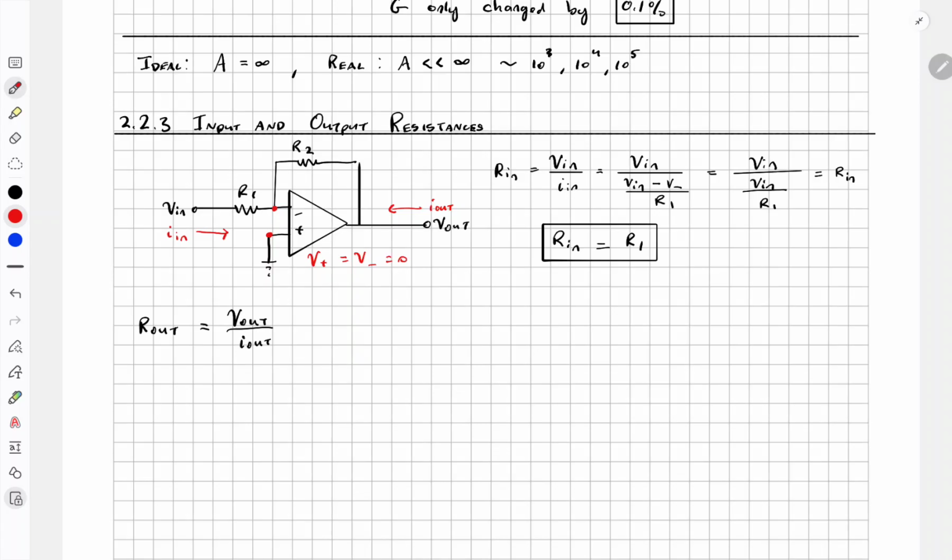I'm going to call this node V minus and this one V plus, and we know that through the virtual short both V minus and V plus are the same voltage, 0 volts. Also, when you treat the op-amp as ideal, there is no current going into the op-amp from the input terminal. So the only current that we are seeing is the current going through R1 and R2.